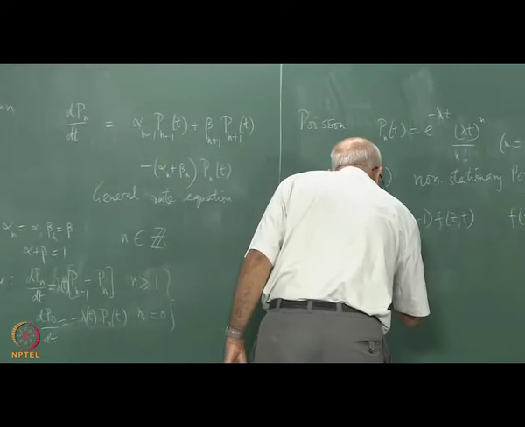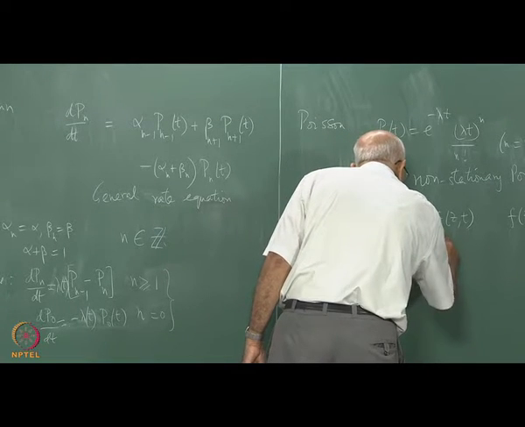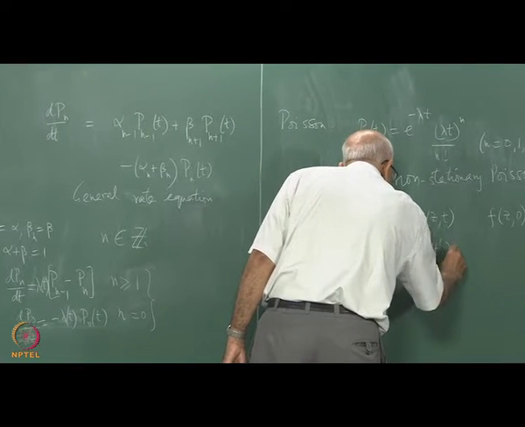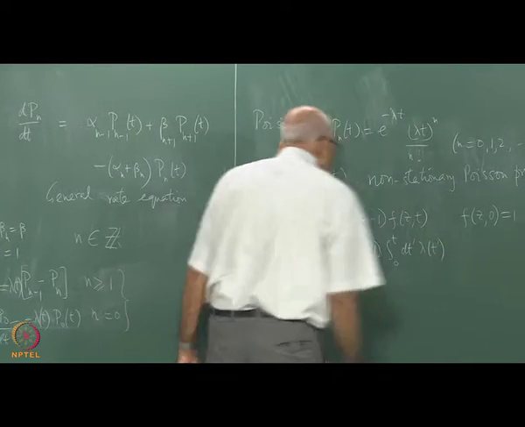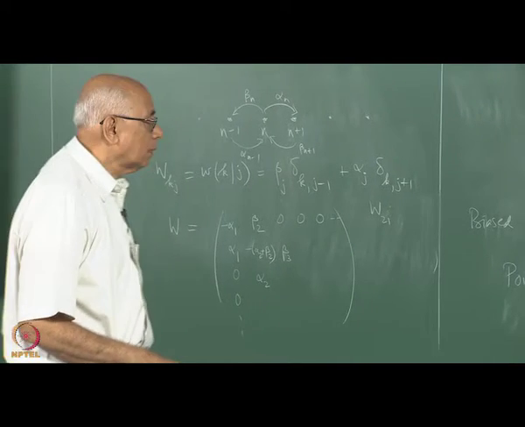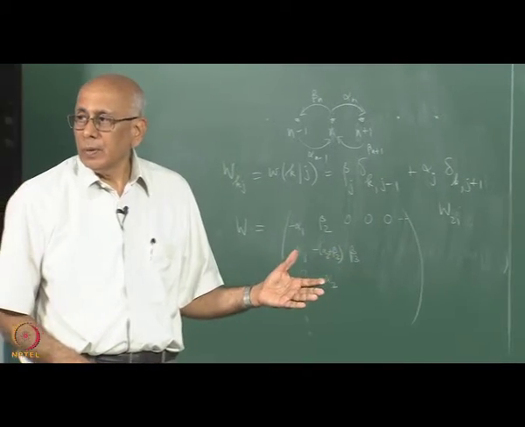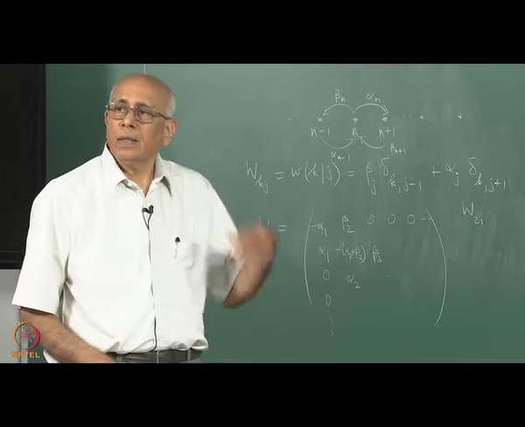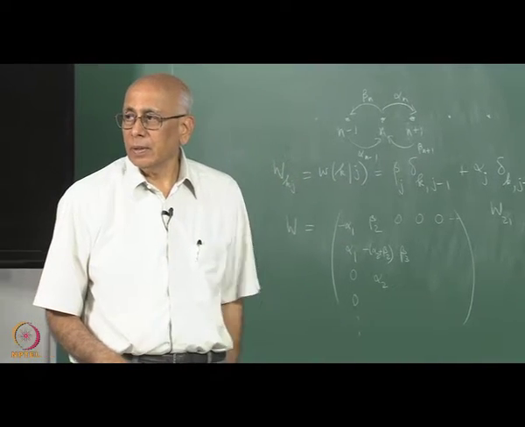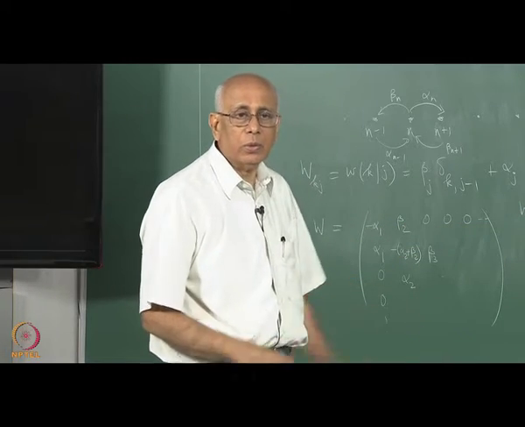It is e to the power z minus 1 times the integral from 0 to t of dt prime lambda of t prime. That is it. Okay. You have to integrate both sides. A separation of variables immediately gives you this solution. That is the general solution. In the case when lambda is constant, that exponent becomes lambda t, as you can see. Okay. And it satisfies the boundary conditions. We got a unique solution.